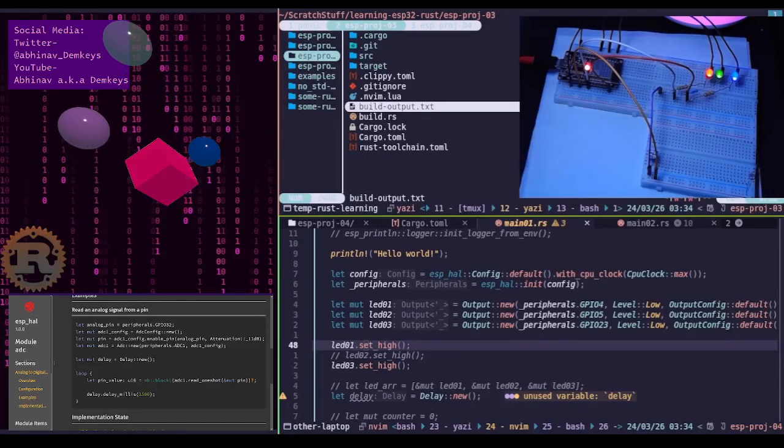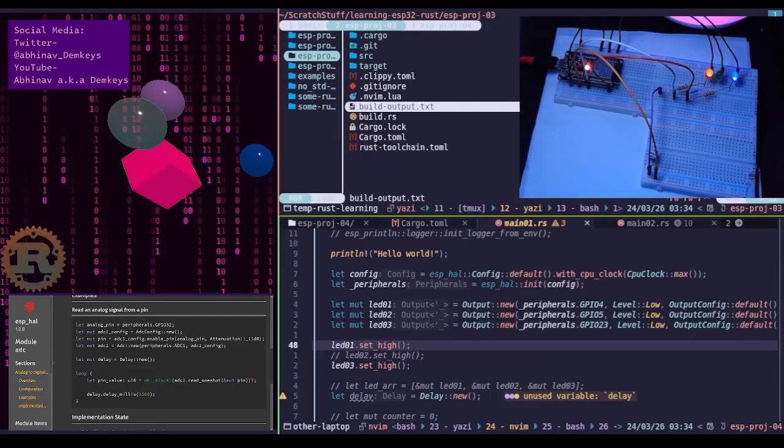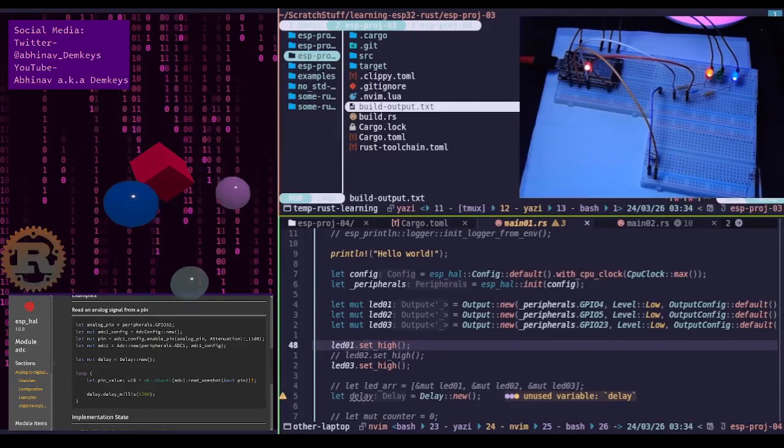In your no_std Rust code, you'll use ESP32 HAL, or esp-hal. In my case, it's esp-hal. Actually, I think in general it's esp-hal.